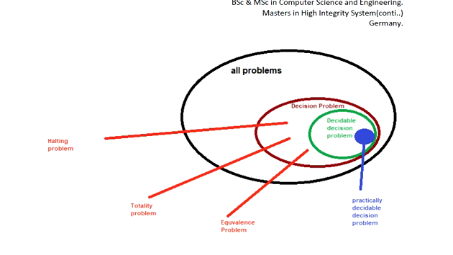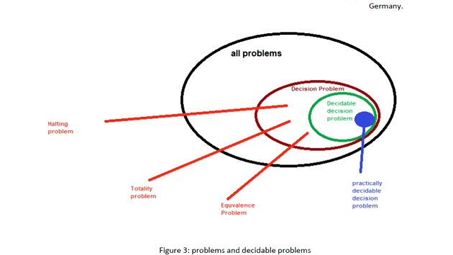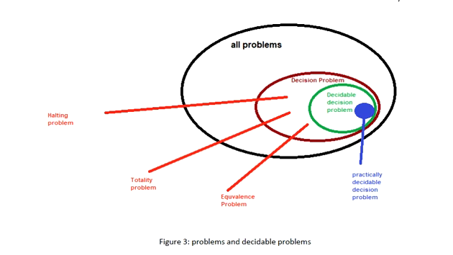Inside of that, the blue marking is the practically decidable decision problems, which can be solved in practical time. In a later video I will discuss what this means and explain the practically decidable problem.